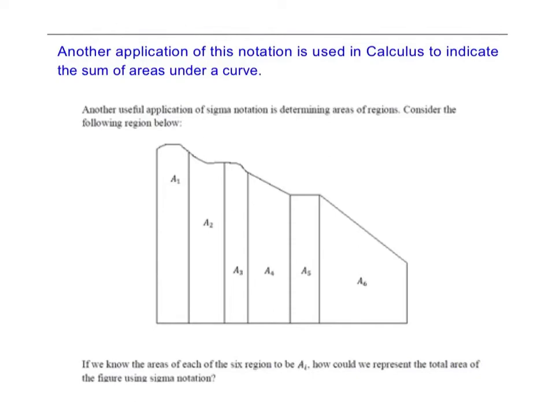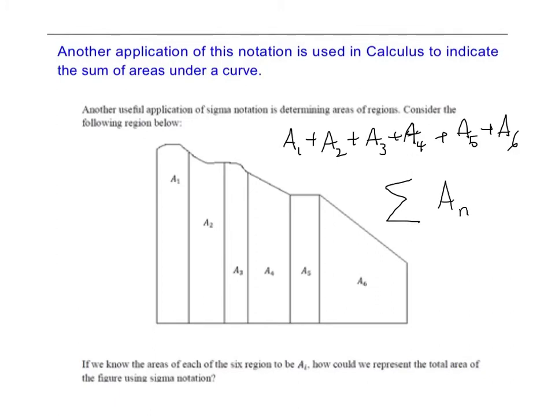So what I want to do is add a sub 1 plus the area of the second region, the third region, the fourth region, the fifth region, right? So instead of writing them as individual sums, I can say I want to add all the areas, a sub n, where n is 1, and then I want to end after 6. And so these would be equivalent.